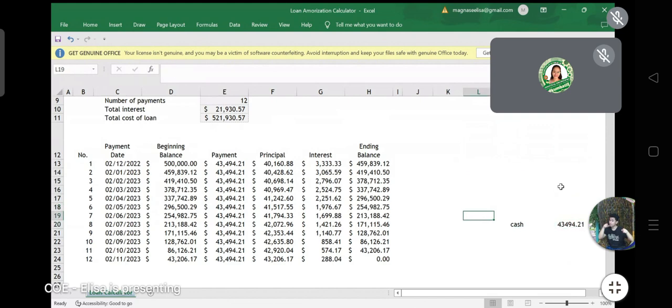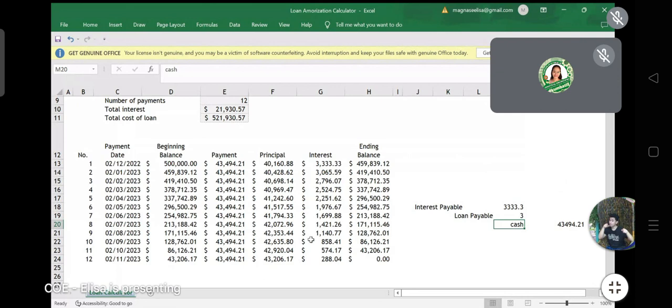We debit loans payable 40,160.88, and interest payable 33.33. So that's how we record it, and that would be our transaction.